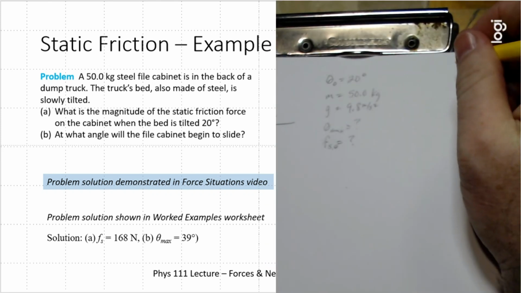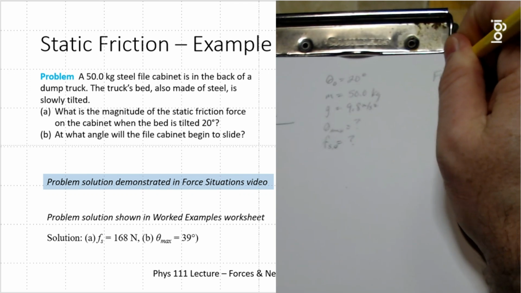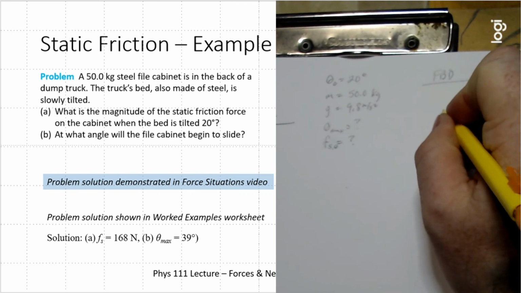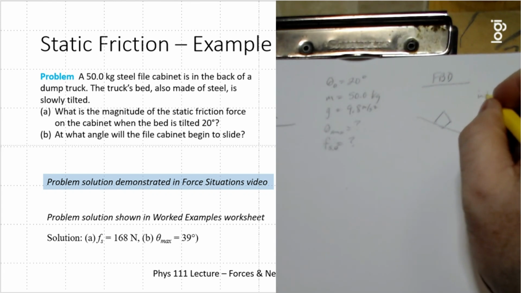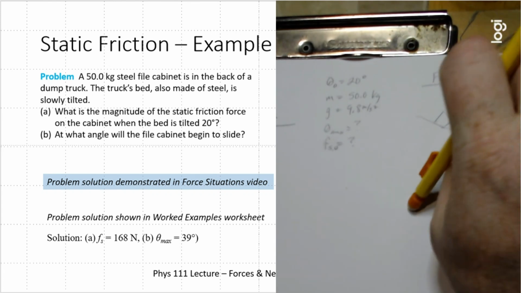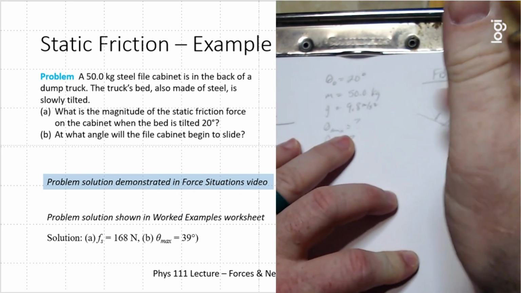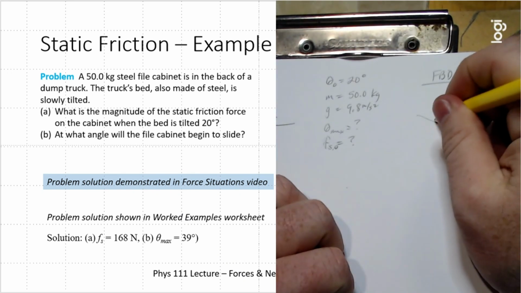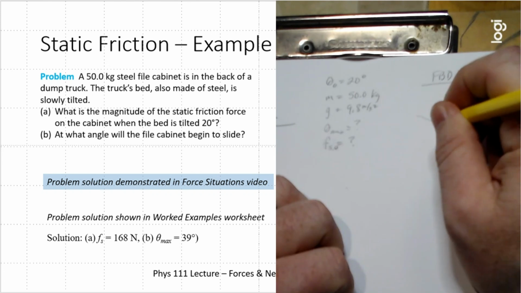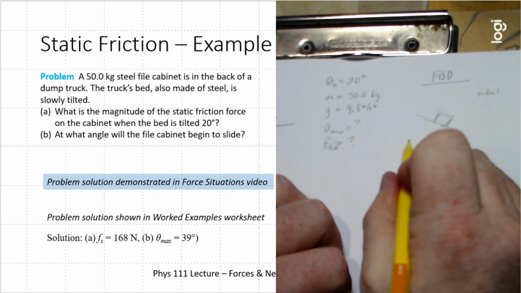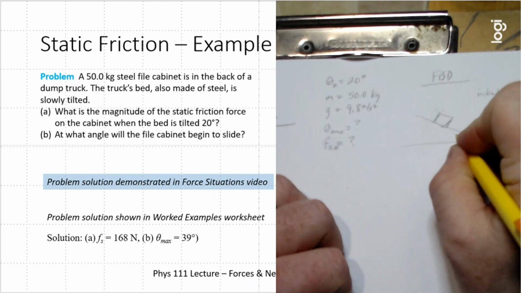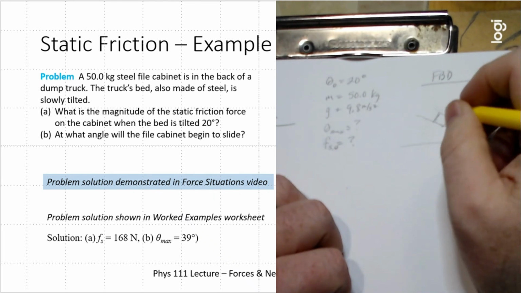What do we do first after this? Free body diagram. And so we draw our box. This is going to be initial. Kind of a wonky sketch there. Theta right there, theta initial.